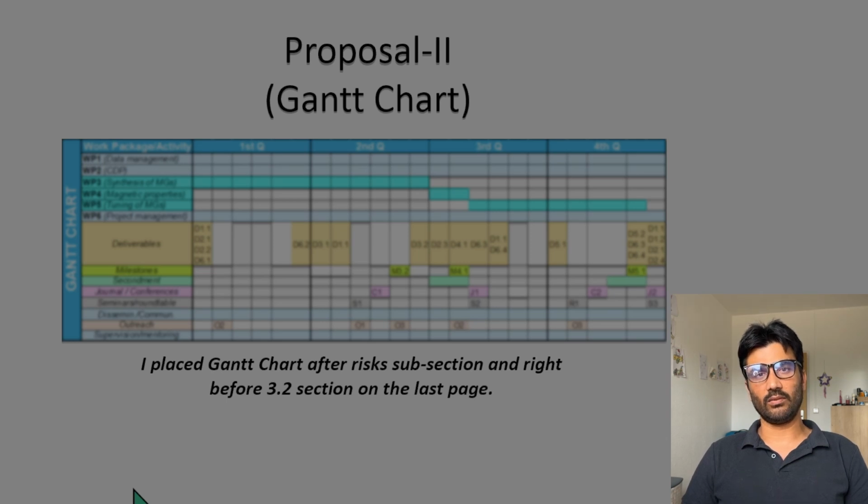Although it's not evaluated, they definitely look at it because it contains your CV and other parts. So it's better to write it concisely and in an organized way. I will come up with maybe a short video on the B2 part, and I will try to show some examples there from my proposal as well.